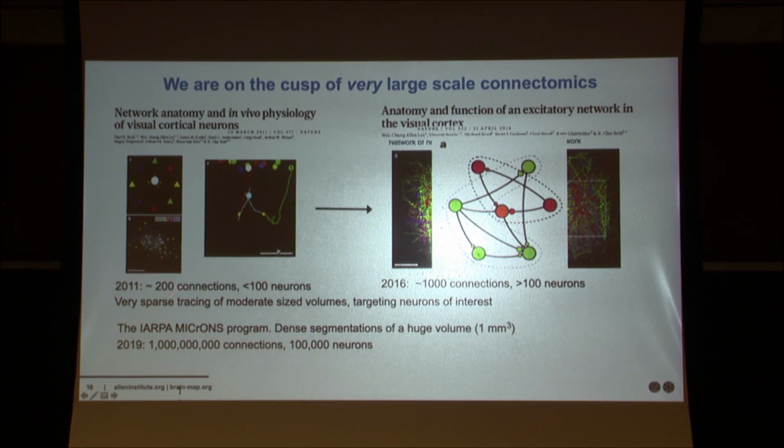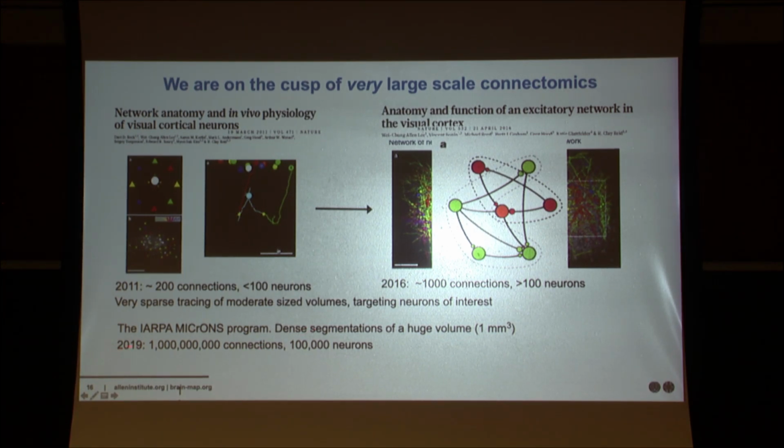We're part of a program funded by IARPA, the intelligence version of DARPA. And this program very nicely funded a large-scale effort to do precisely this experiment, to do calcium imaging first, followed by electron microscopy at the millimeter scale.